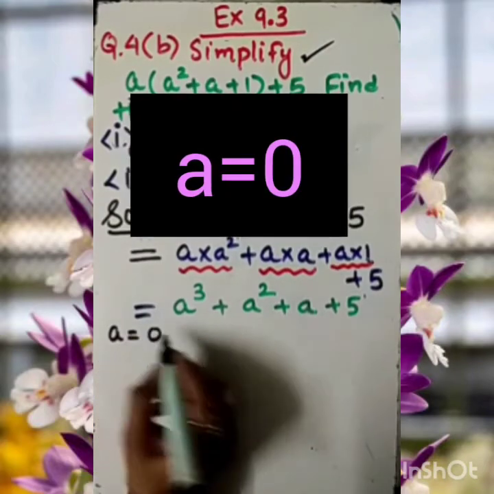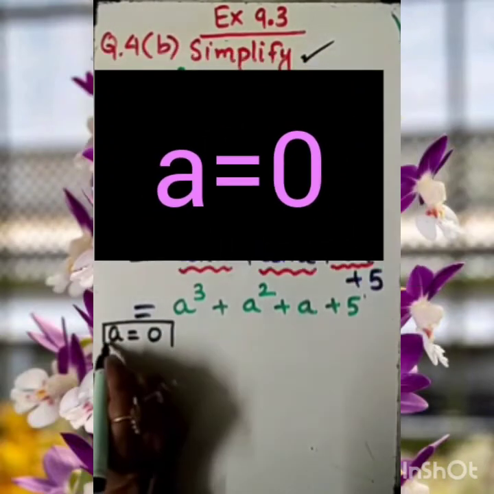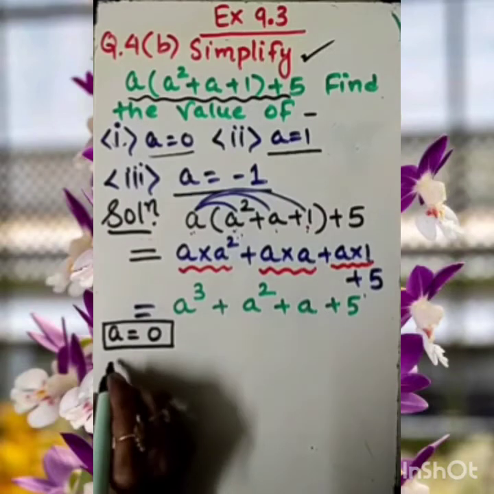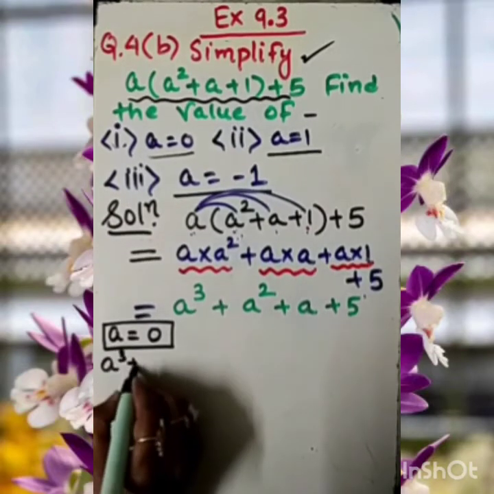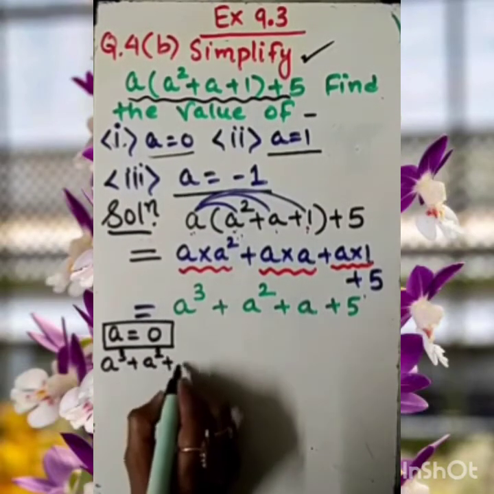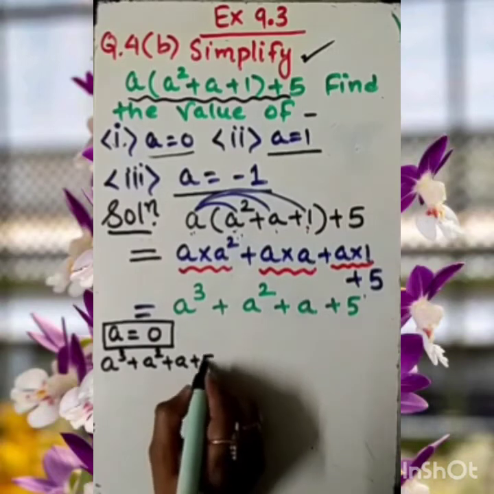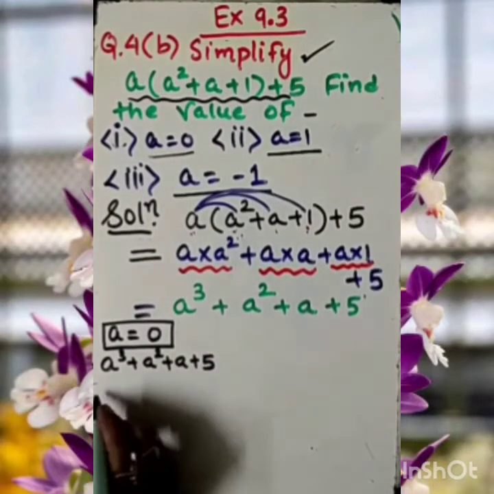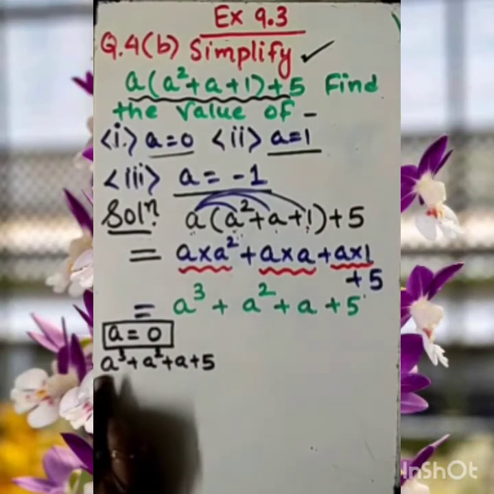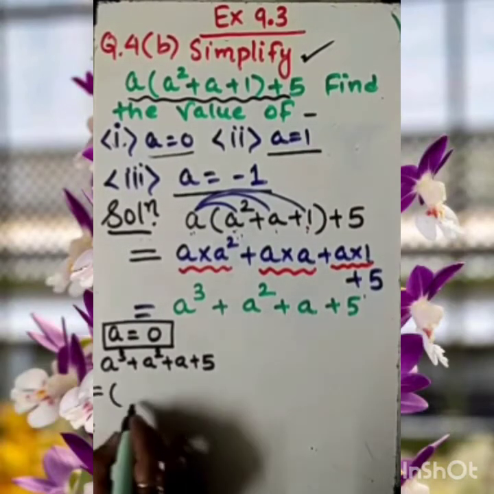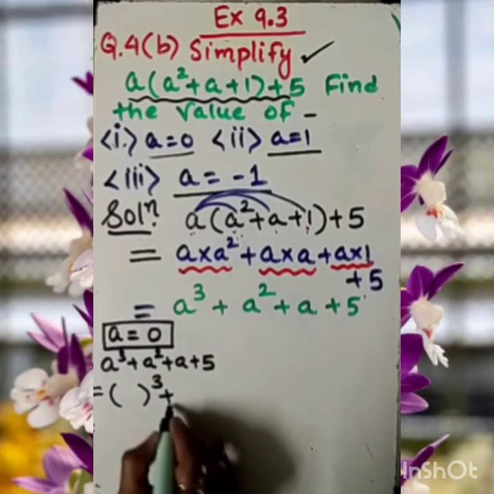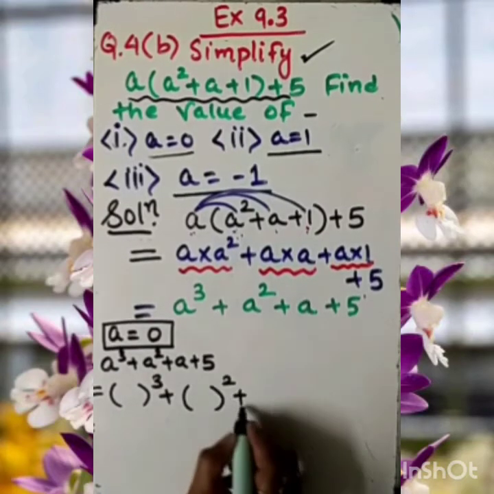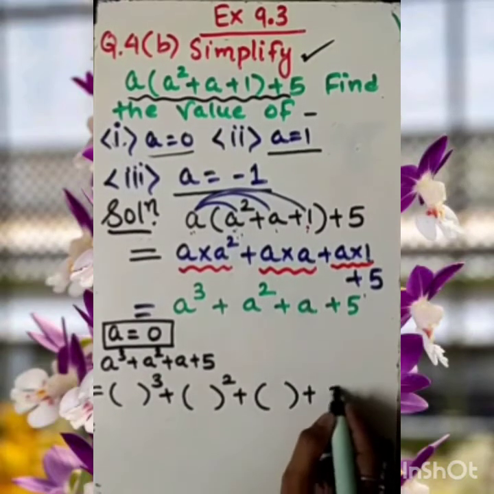Now, the first value is a equal to 0. Let's write here a equal to 0. The expression is a cube plus a square plus a plus 5. In this, I am going to put the value: the cube of this, then the square of this, then a, and this 5.